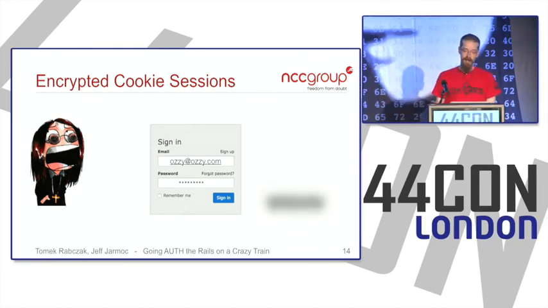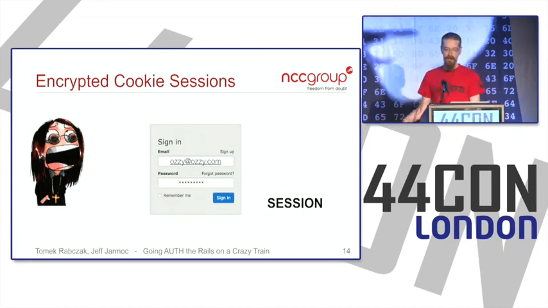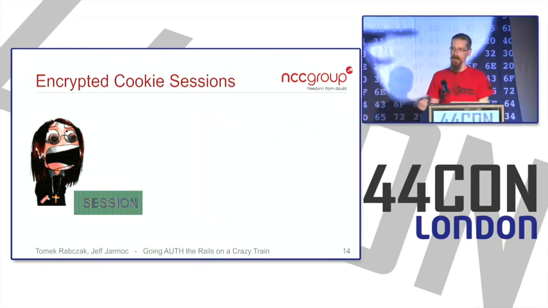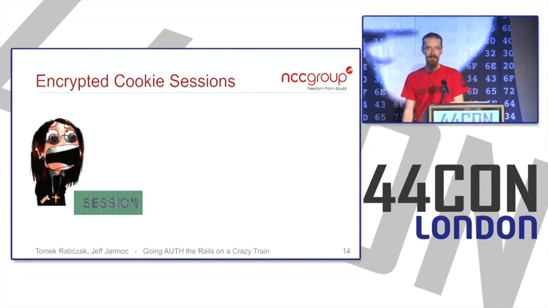So as a result, we create a session object on the server side. With encrypted cookie sessions, then, that session object is serialized and encrypted and passed to the user, and that's their actual cookie that they use for authentication. So when the user comes back to the application, they present this cookie. The application will decrypt it, deserialize it, and then recover the session object from it.